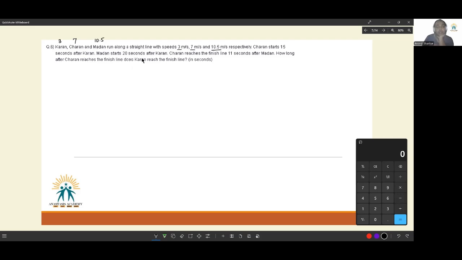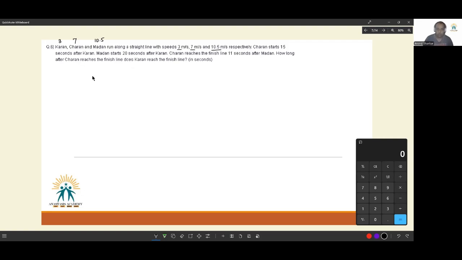Madan starts 20 seconds after Karan. Charan reaches the finish line 11 seconds after Madan.